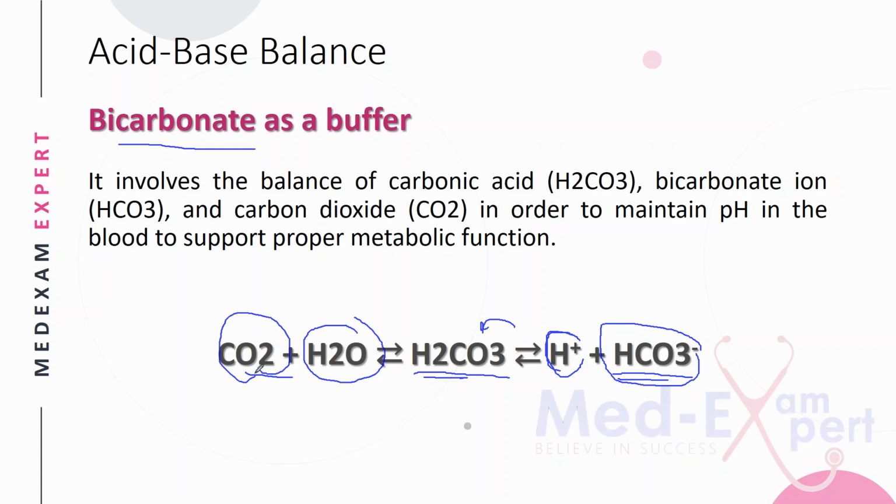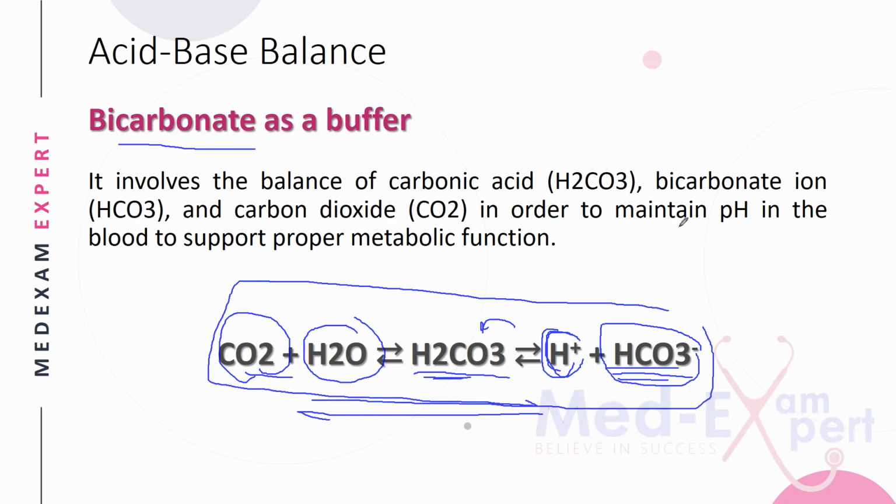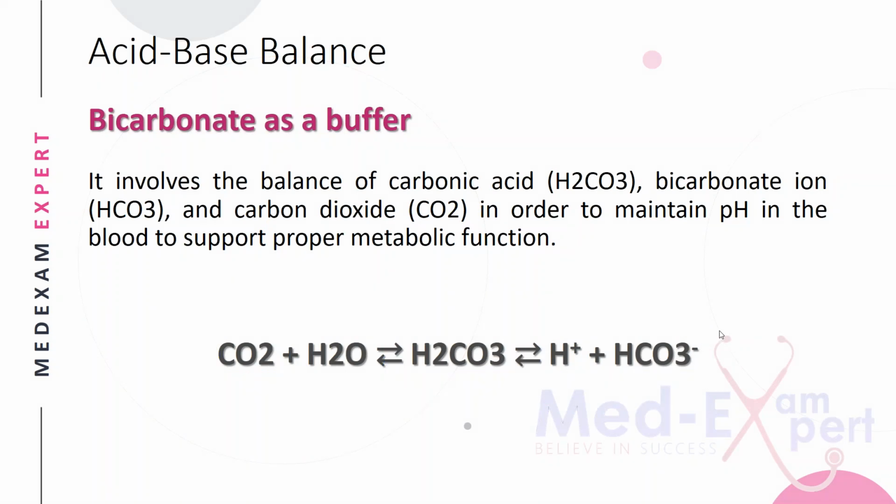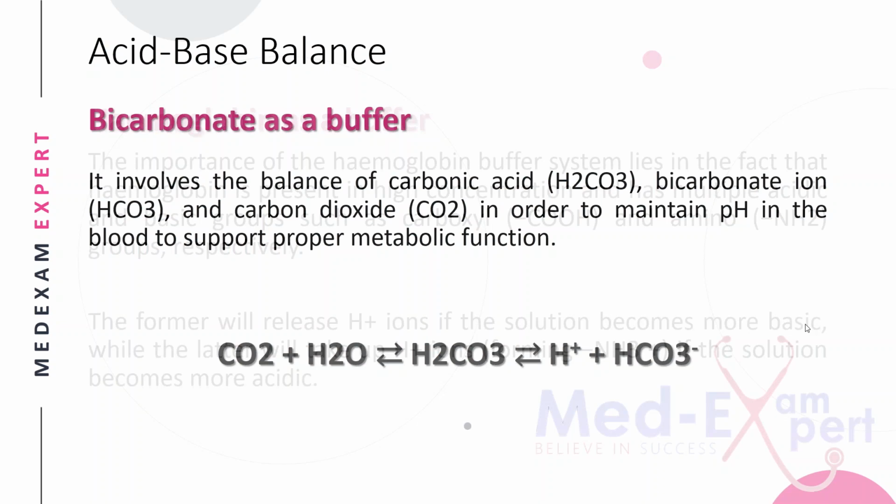And the opposite, if there is excess CO2, it will be dissolved into carbonic acid, which will then dissociate into hydrogen ion and bicarb. So this is a two-way relationship, and that's why the bicarb is mandatory in buffering or neutralizing or maintaining our pH in the normal range. Also, another very important buffer system in our body is the hemoglobin.